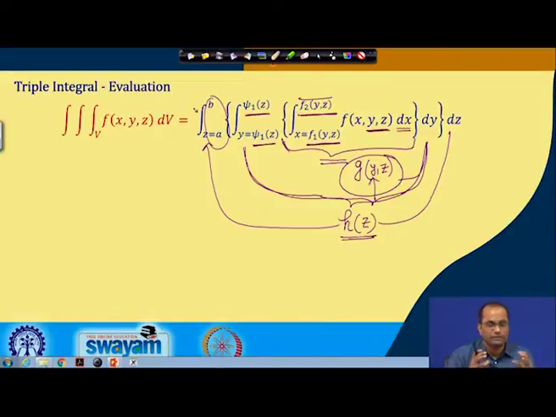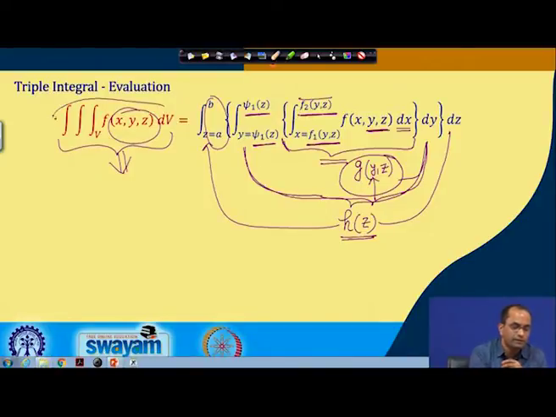always remember the value of this integral is a constant, and you will not see anything of x, y and z, because we are integrating over the volume V, or over all the points x, y, z in our volume. So, at the end this integral value will not have anything of x, y, z.